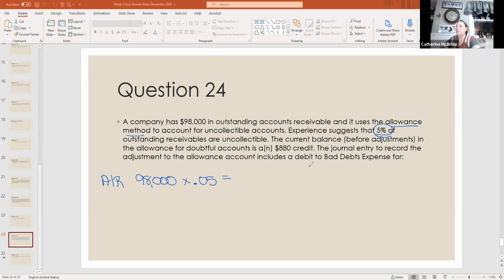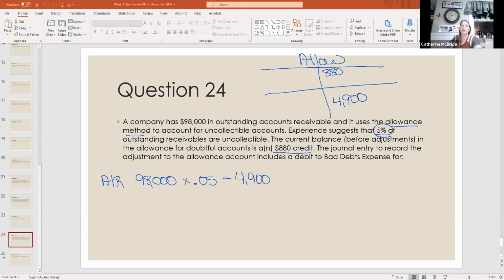So if accounts receivable is 98,000 and we think 5% won't be collectible, that means that we have $4,900 that we think won't be collectible. So that's the balance we want our allowance account to be, 4,900. The current balance before any adjustments in the allowance account is an $880 credit. All right, so we're starting with 880.